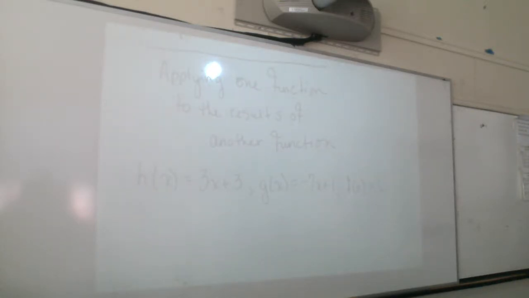So in example number 1, we're going to find g plus h of x. Now all this means is we're going to take the g function, g of x, and then add the h function.